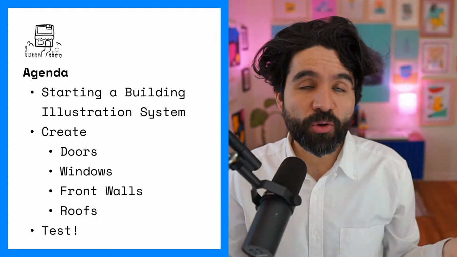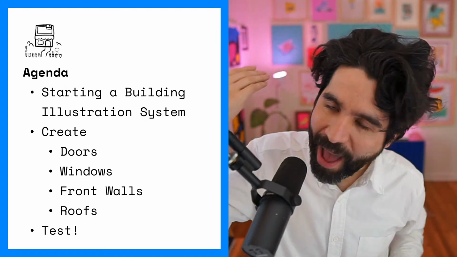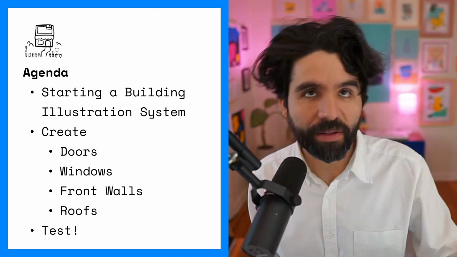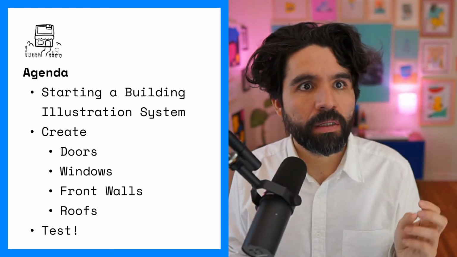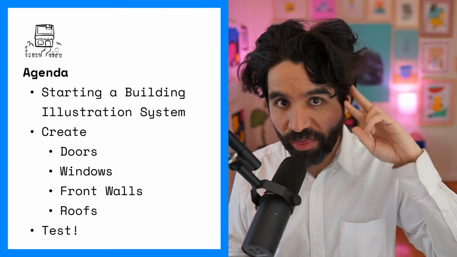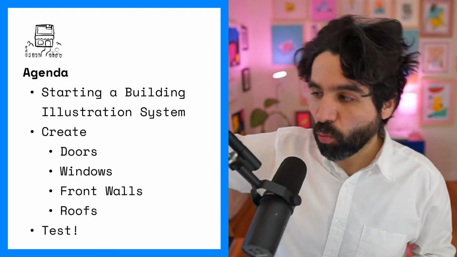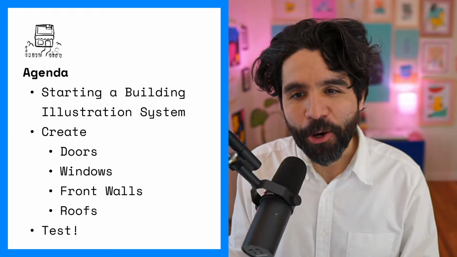Then you realize, oh, I need a window that looks like this. Go back to the system, add another window. Oh, I need a door that actually opens from the left, not from the right. Add it to the system. But you start small, and by starting small and thinking in systems, you can make it in a really scalable way. What are you talking about, Pablo? Just start building.